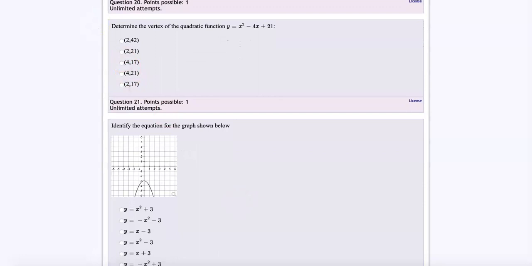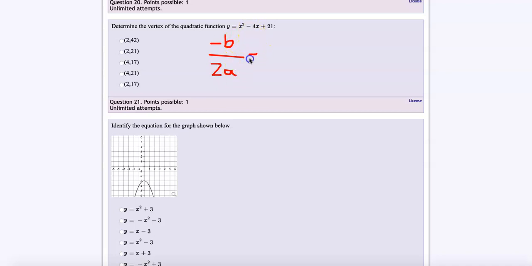Okay, vertex. To get the vertex, we're going to use the vertex formula, which is negative b over 2a. That's going to give us the x-coordinate of the vertex.